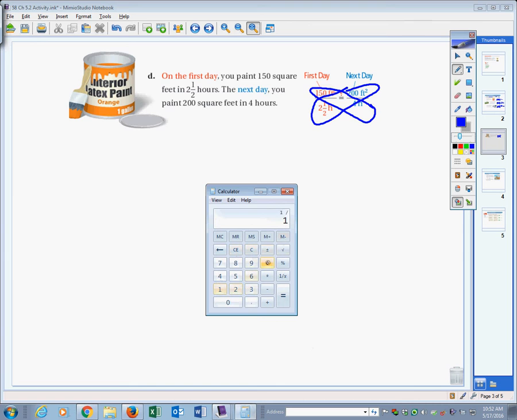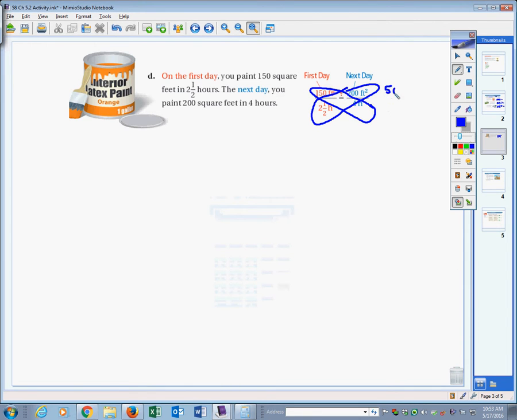So let's see if we can do this one the way we did the last one. And say 1 divided by 2 is 0.5, 1/2, right? So we're going to add 2. So 2.5 times 200 is going to equal 500.